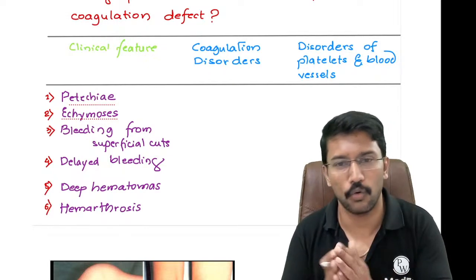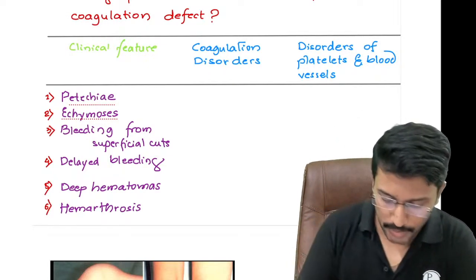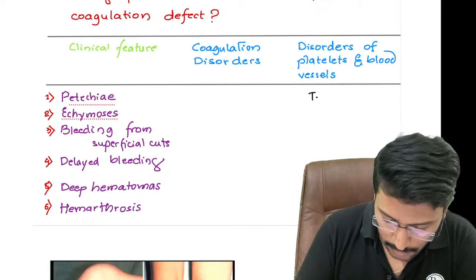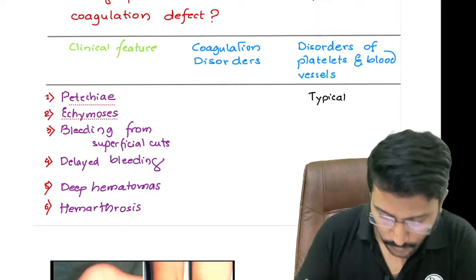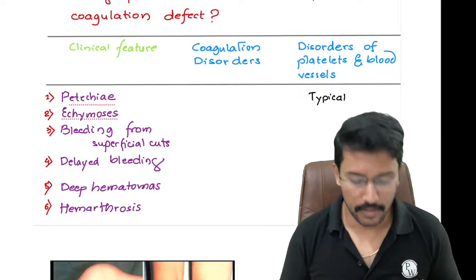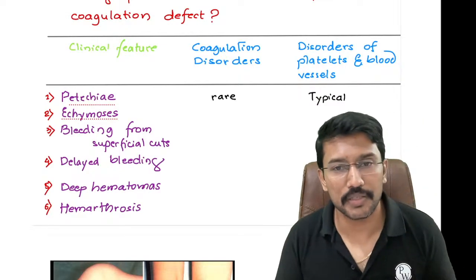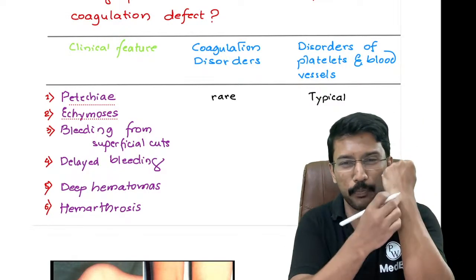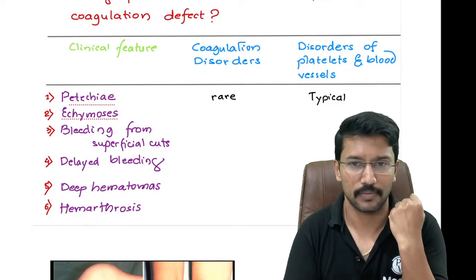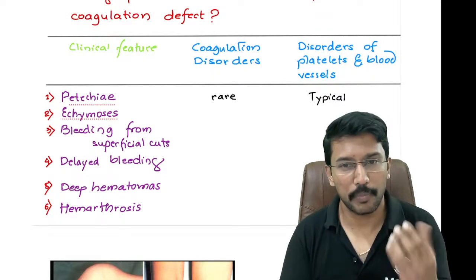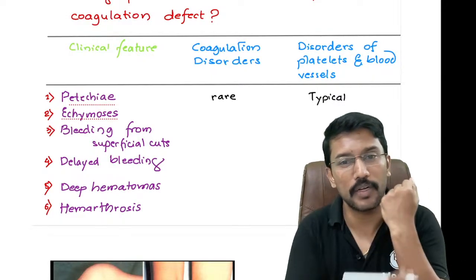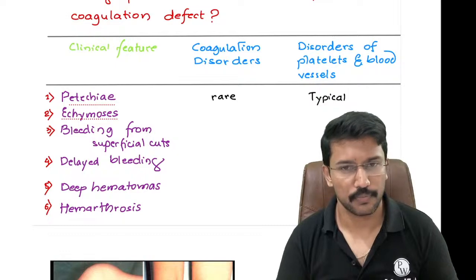So if your platelets are low or they are dysfunctional, you can have petechiae. So they are typical of platelet disorders, right? They are rare if you have coagulation disorder. So you won't see a patient with hemophilia coming to you with pinpoint bleeding in the skin, right? But patients with dengue, they come with pinpoint bleeding in the skin. That is one point, right?